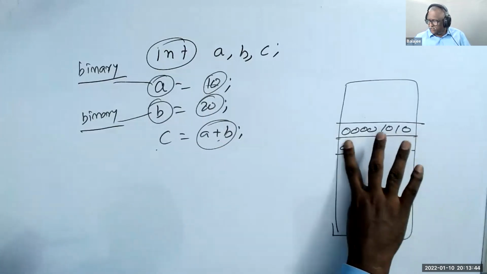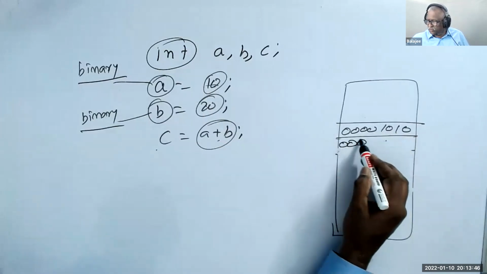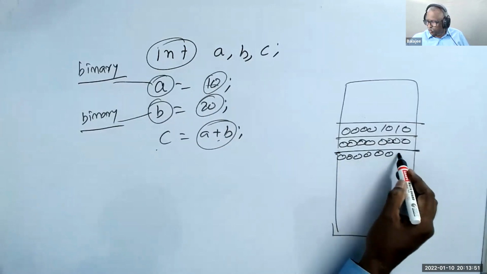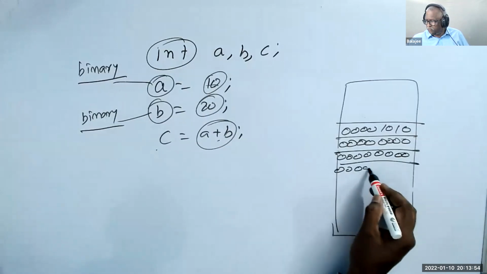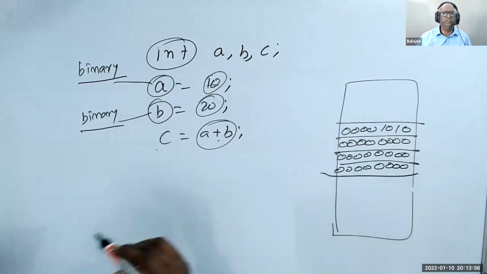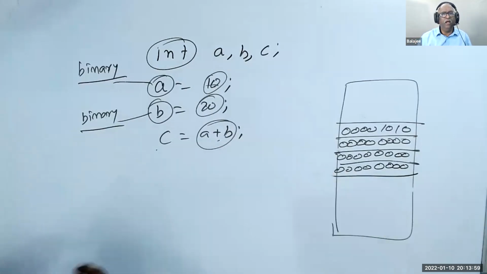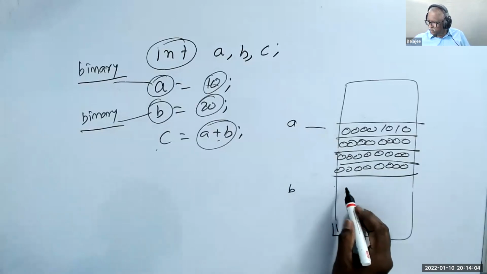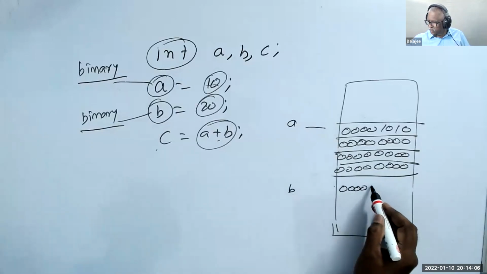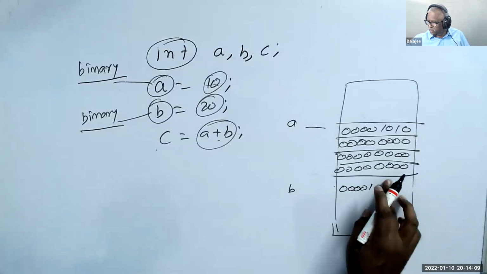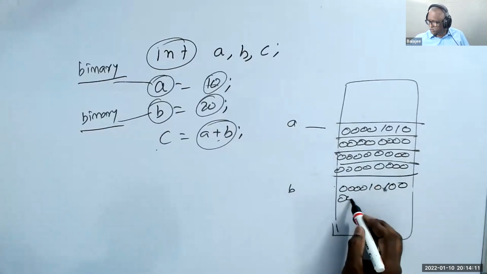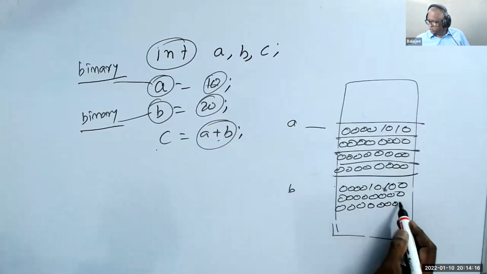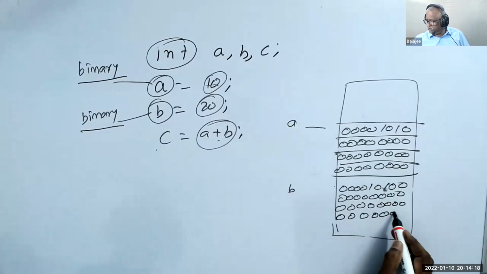It allocates 4 bytes, 0, 0, 0, 0 and so on. Please accept that now an integer is 32 bits, not 16 bits anymore. Now this is A and this is B. This is the way it stores in memory.